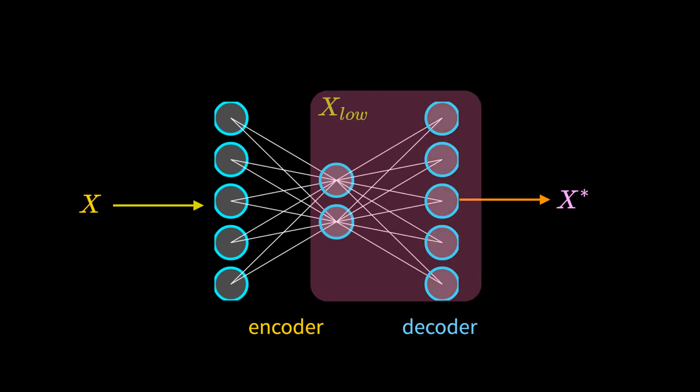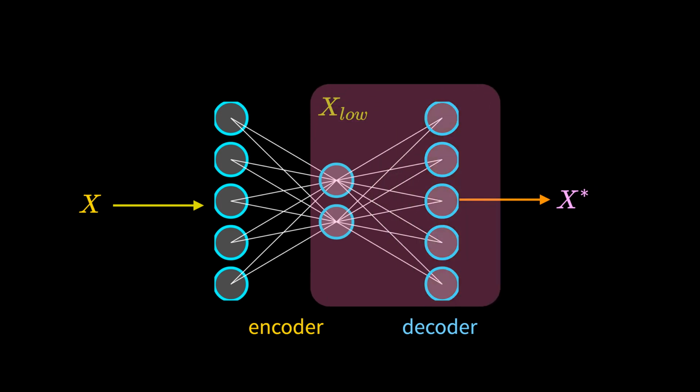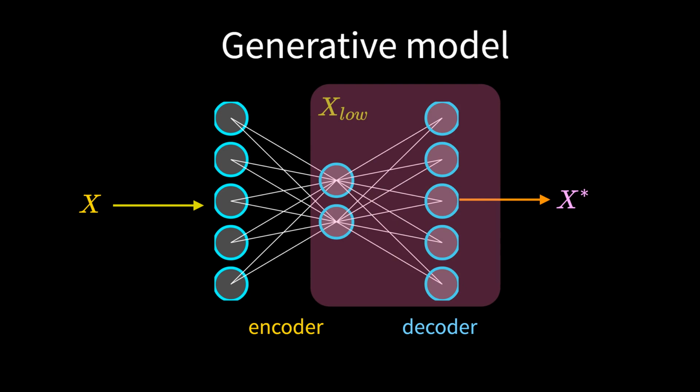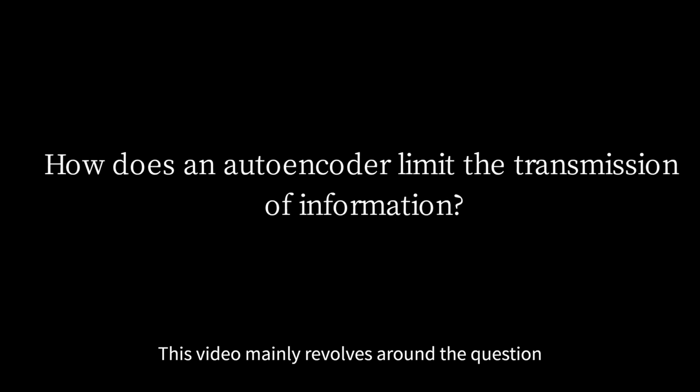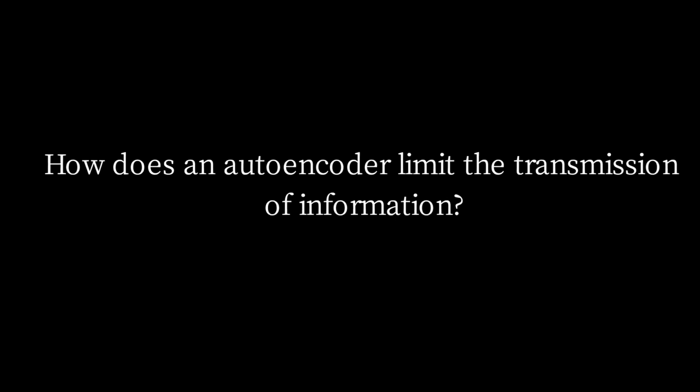Recent studies only use the decoder part to input some low-dimensional information, and it can also be used as a generative model to generate data that simulates nature. This video mainly revolves around the question of how an autoencoder limits the transmission of information.